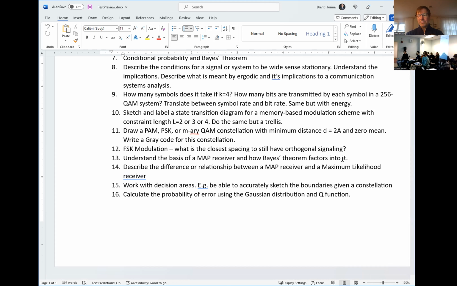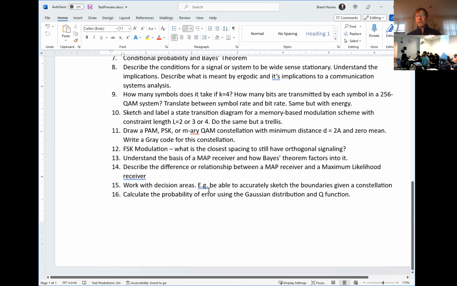So it's not just the bits, but a little bit more, the probability of the symbols being sent. If they're all equally probable, then the probability is just 1 over M, and we can ignore that. Now we're left with a maximum likelihood, or ML type receiver, which is a little bit simpler.